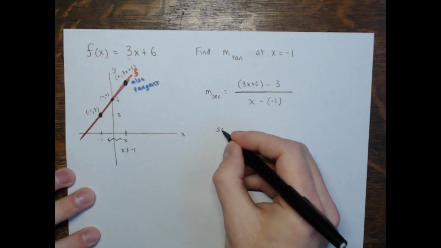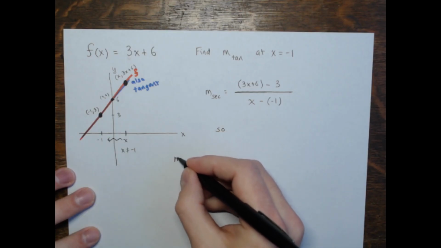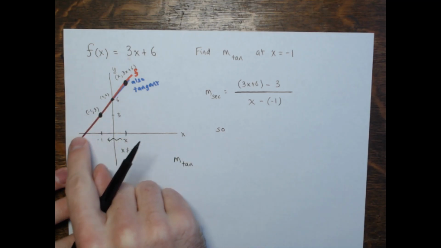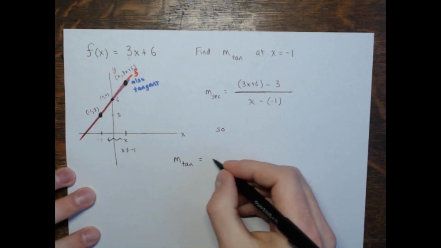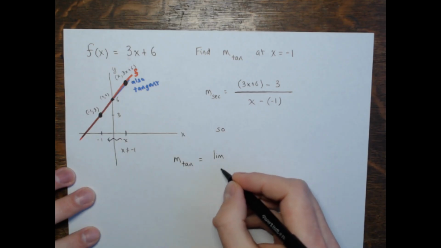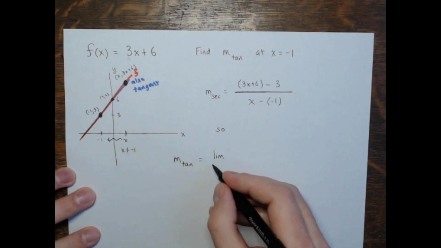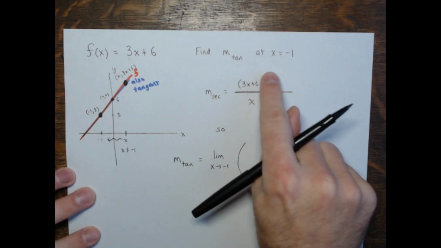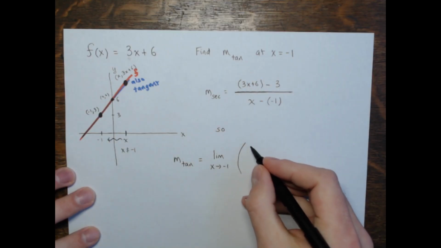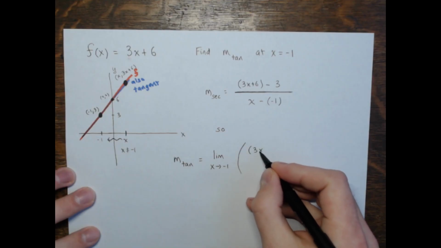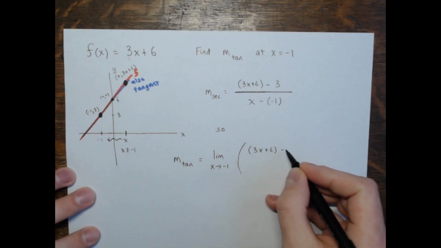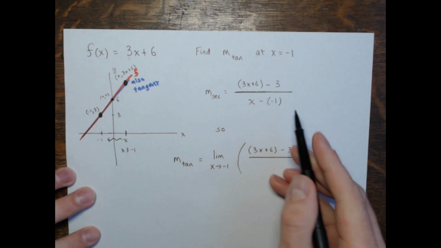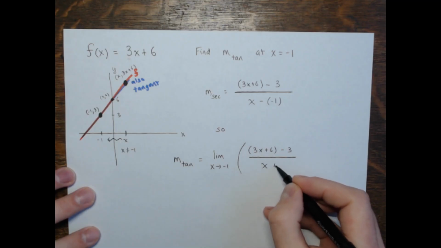All right, so using that first definition, the slope of the tangent line at this point, -1, 3, would be the limit as x approaches -1 of our expression here, which of course will simplify in a second: 3x plus 6 minus 3, divided by x minus -1, which is x plus 1.